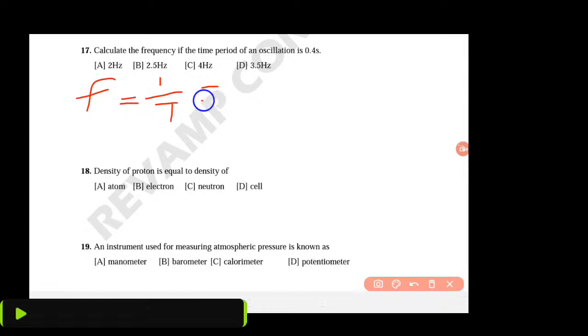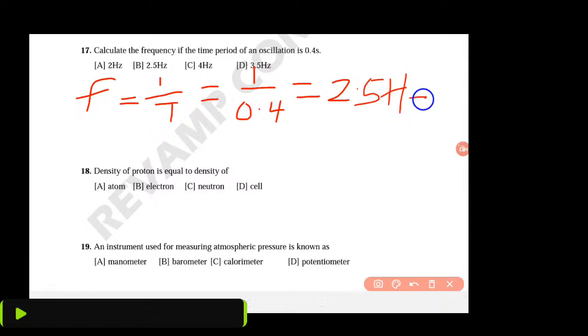According to the question, period is 0.4, so frequency will be 1 over 0.4, and that will give us 2.5 as our frequency. The unit of frequency is hertz or per second. And that is option B for number 17.